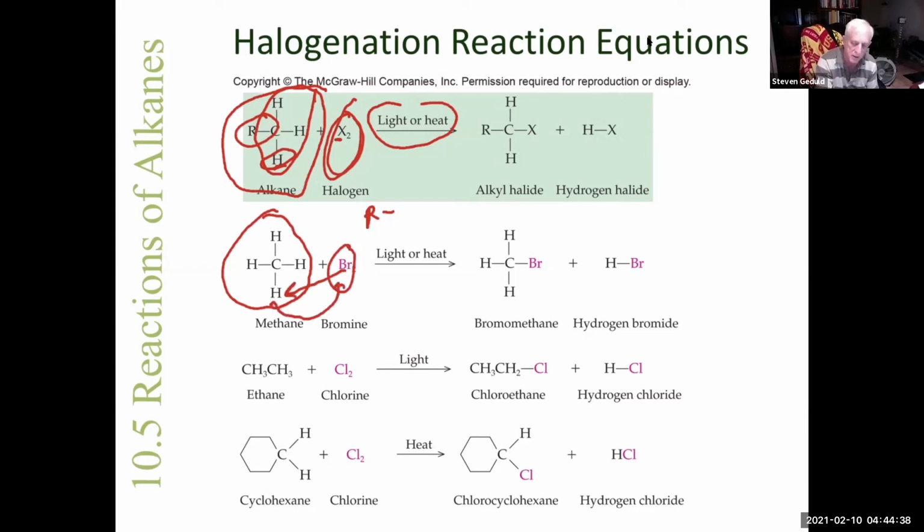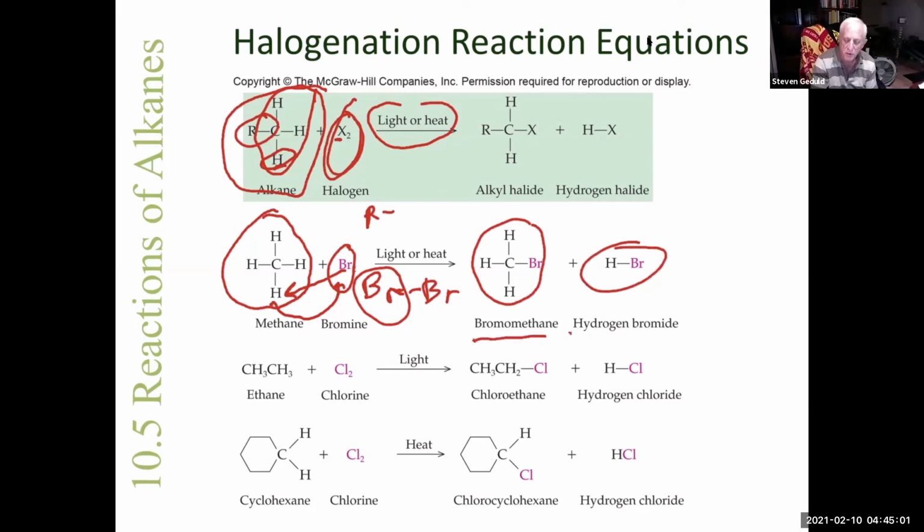Because remember, bromine is Br2. So one of them replaces it, and one gets bonded to the other hydrogen coming off. So with light or heat, you get bromine on your methane plus HBr. That's your balanced chemical equation. So bromomethane and hydrogen bromide are the two products from methane and bromine.